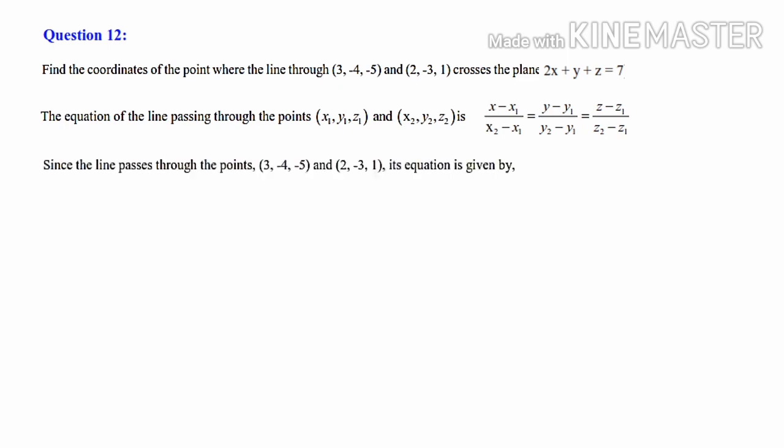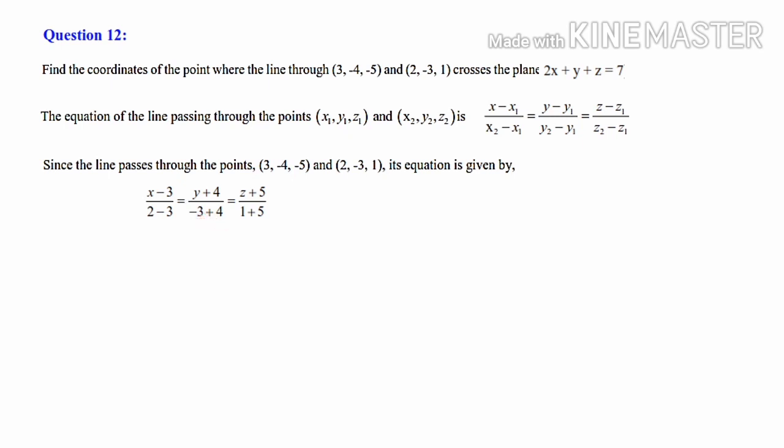So the line is passing through these 2 points. We shall make the equation. x1 is 3, so x minus 3 by x2 minus x1, that is 2 minus 3. Y minus y1, that is y minus minus 4, that is y plus 4, divided by y2 minus y1, that is minus 3 minus minus 4, so minus 3 plus 4.